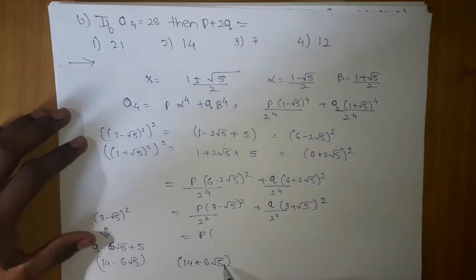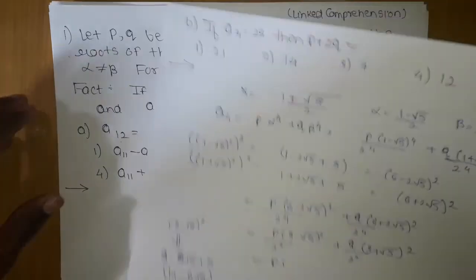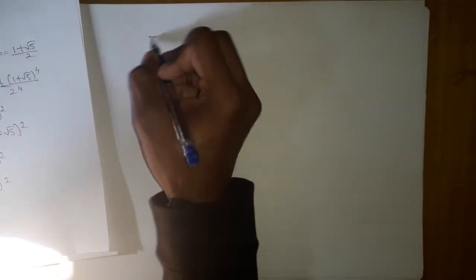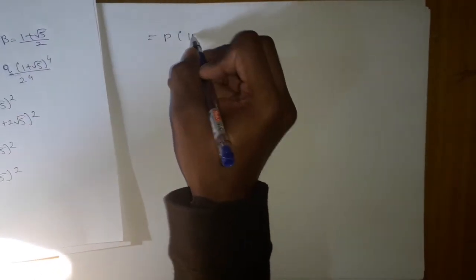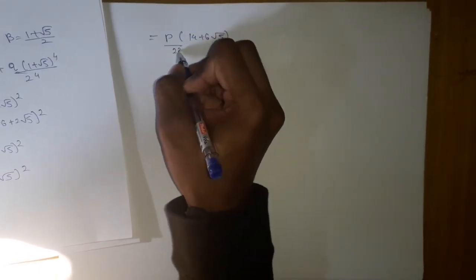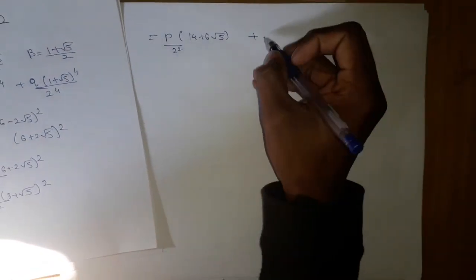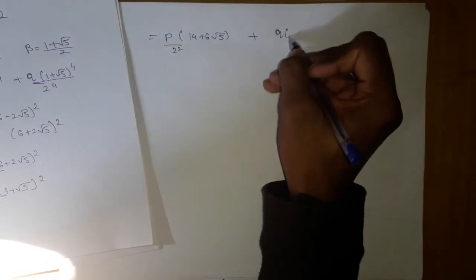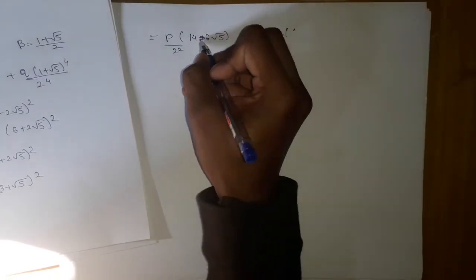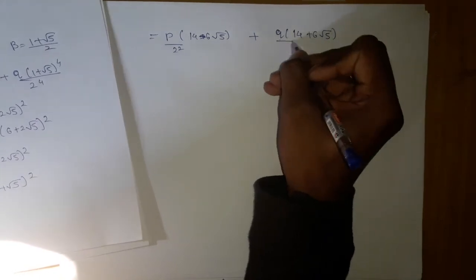So these two values we got. Let's put this value. Again let me take the next page. What we had: p square is (14 plus 6 root 5) upon 2 square, plus q into, this will be minus, and here will be (14 plus 6 root 5) upon 2 square.